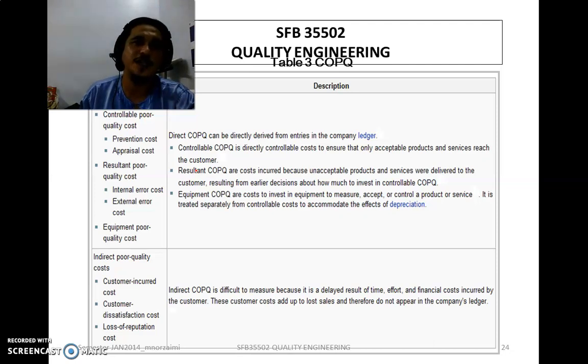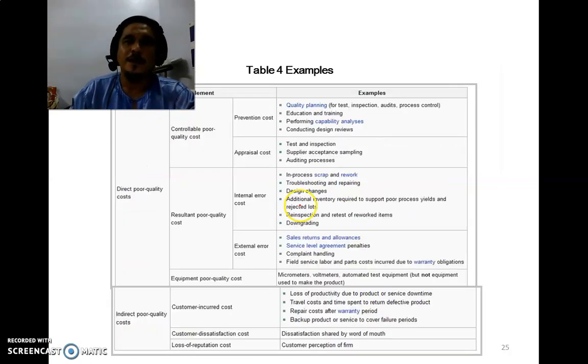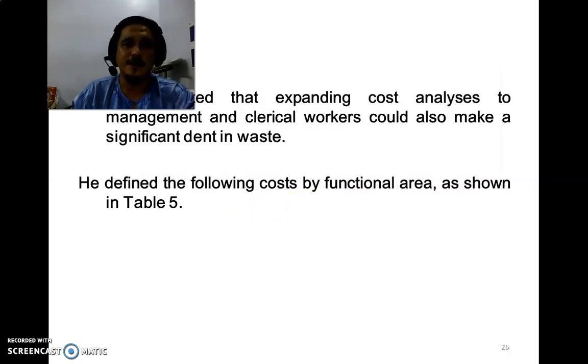So if you work as a quality engineer or process engineer, you will study all these things related with the cost of production. Okay, then the rest is just explanation of the details about the overall cost.